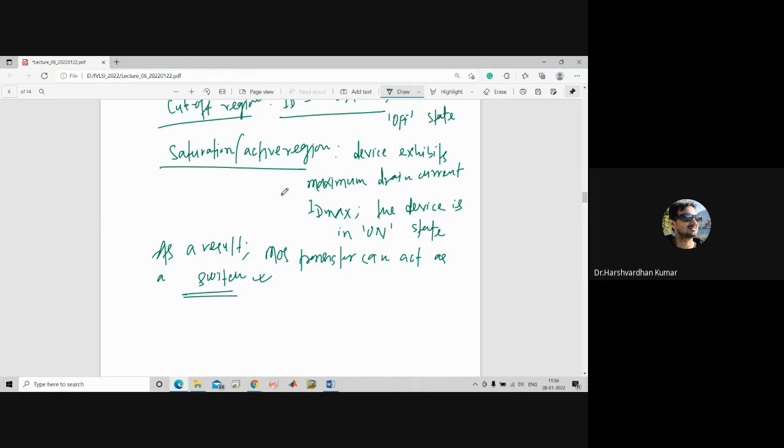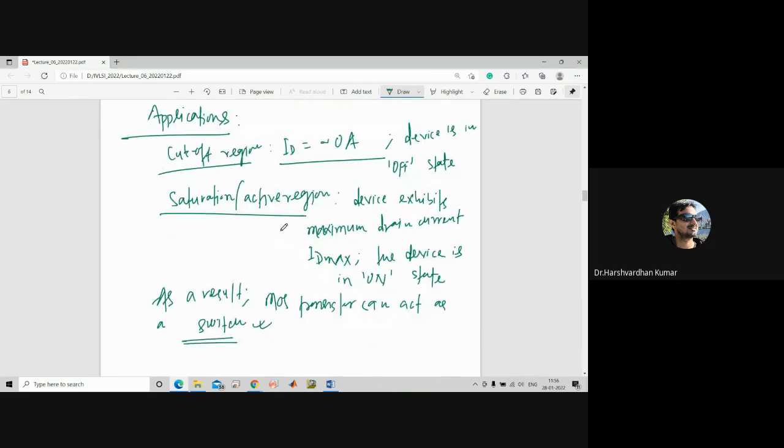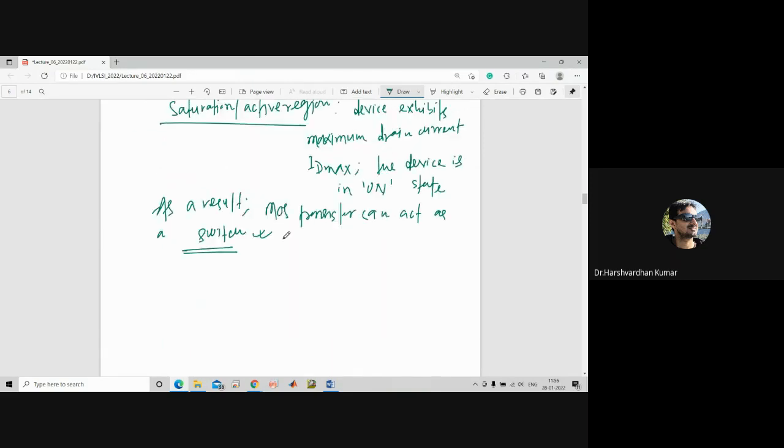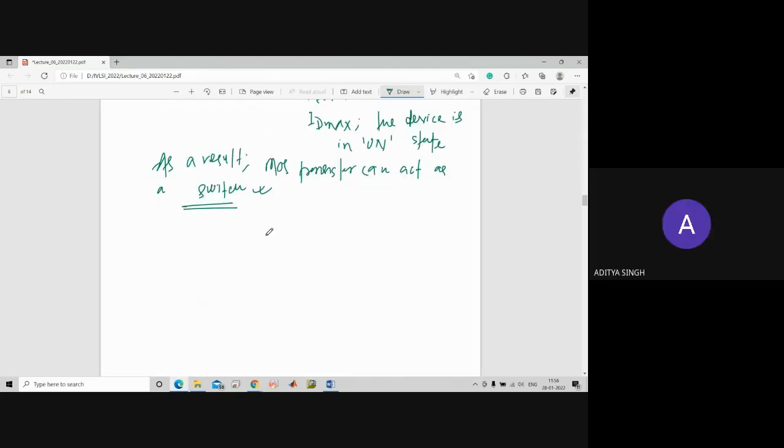Because in the cutoff region the device will be off. However, in the saturation or active region the device will be on, right? So on-off means switch. On-off is the characteristic of a switch, right? Any difficulty in understanding the first application, that is switch? Say yes or no.